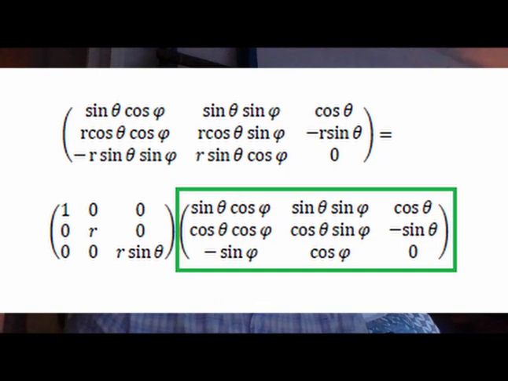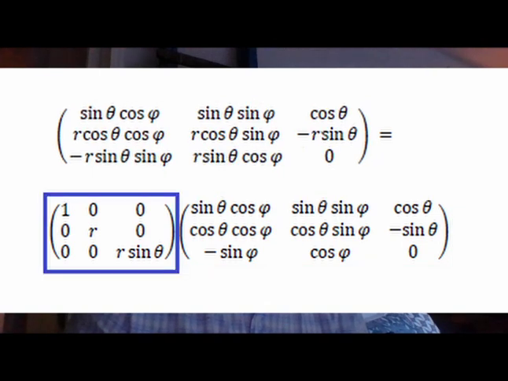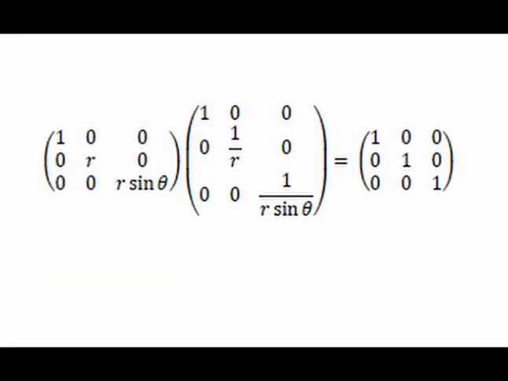So the other one, as promised, is a diagonal matrix, and it so happens that diagonal matrices are even easier to invert than orthogonal ones, because in fact all we need to do is take the reciprocal of each element along the diagonal.